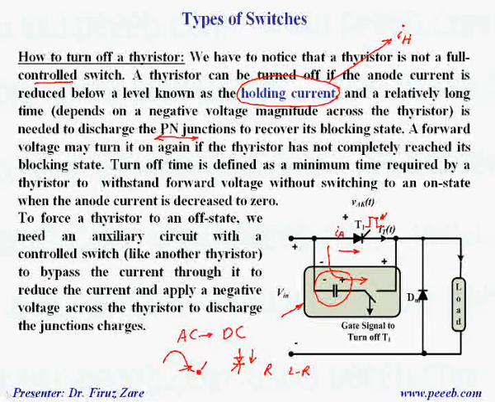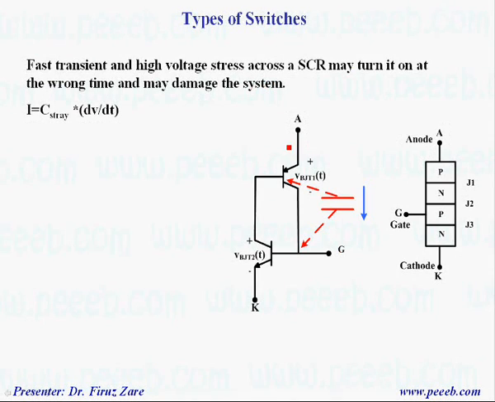So this is another way, natural commutation. That means the current through the thyristor can be decreased and the thyristor can be turned off. When we design a power electronic circuit with thyristors, we have to control the voltage stress across the thyristor.